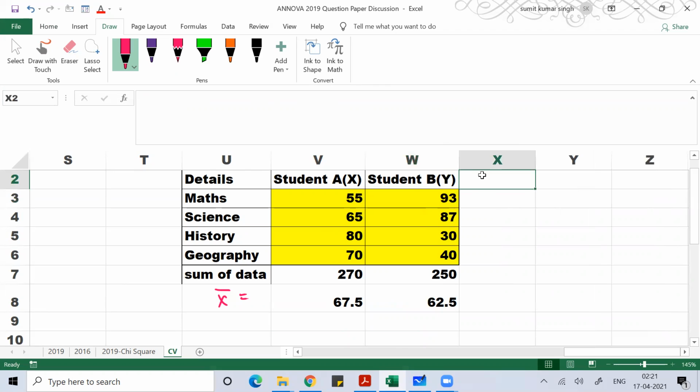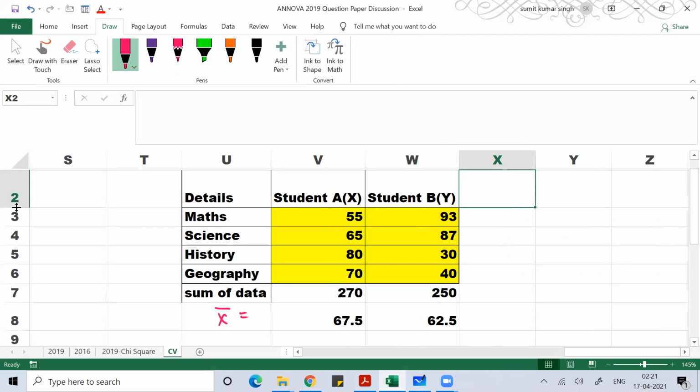Now you can find x square and y square. 55 square is 3025. 65 square is 4225. 80 square is 6400. 70 square is 4900. 93 square is 8649. 87 square is 7569. 30 square is 900. 40 square is 1600. So I'll find the square of each number.